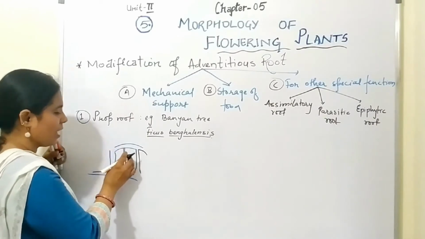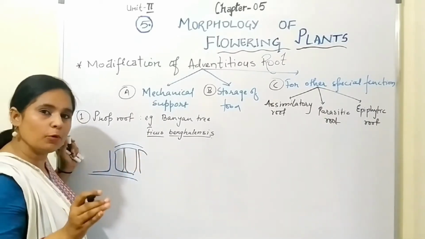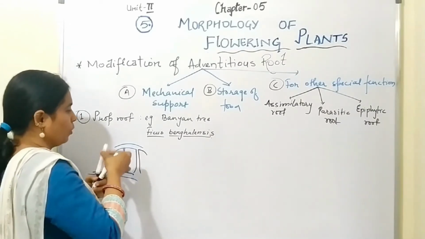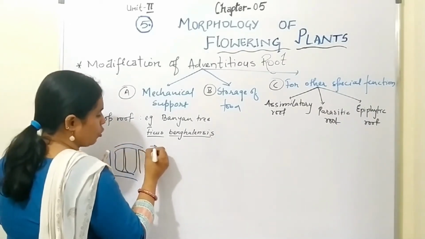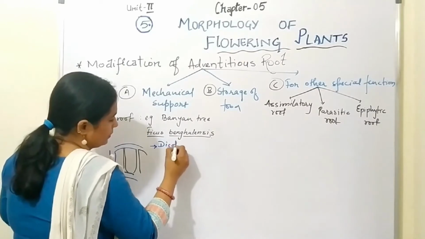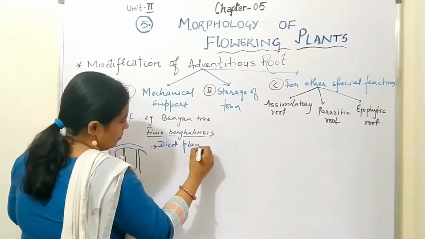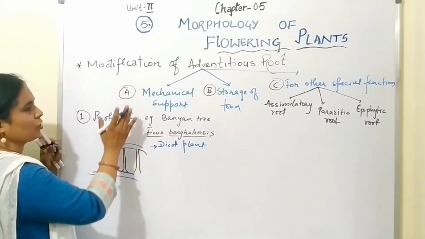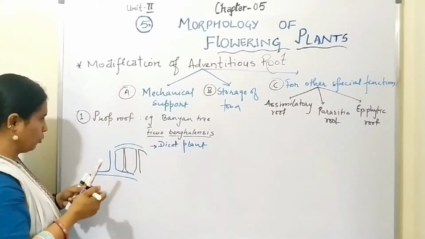So these are the roots which are called prop roots, and the function is mechanical support. Now you will see this in case of dicot plants. Fine. So prop roots you will see in dicot plants, and the function is mechanical support.